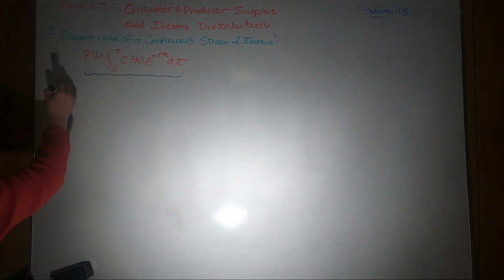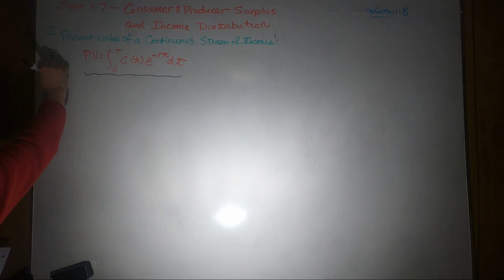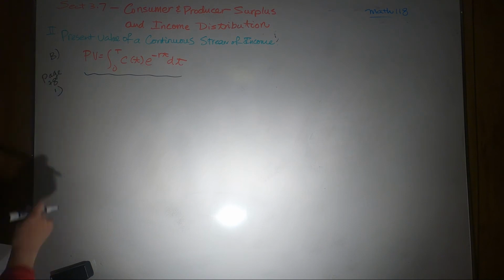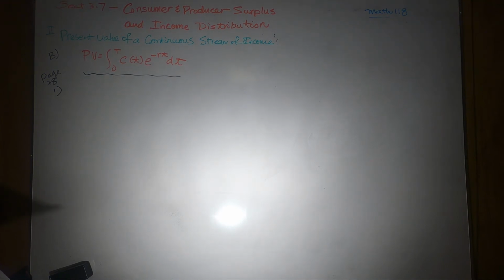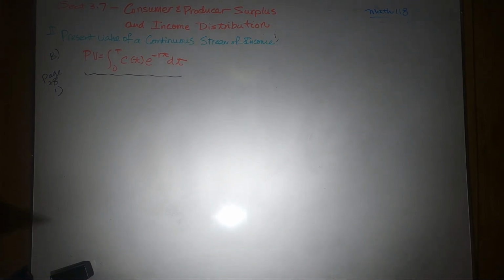So look at your page 78. Some examples. It says, you have an opportunity to buy a business that will earn you $75,000 per year continuously over the next 8 years.